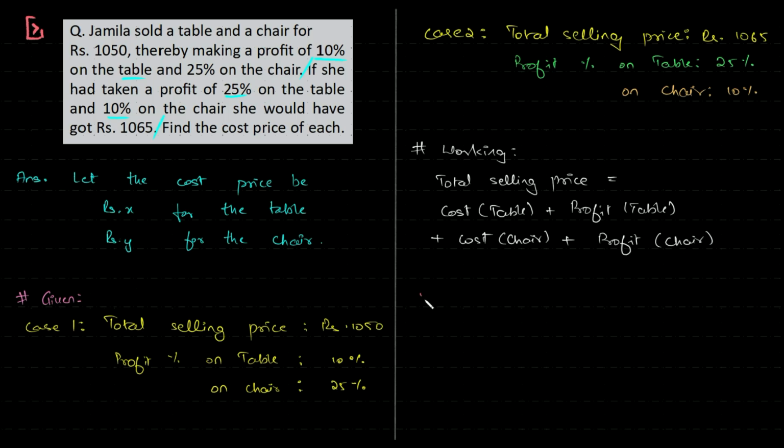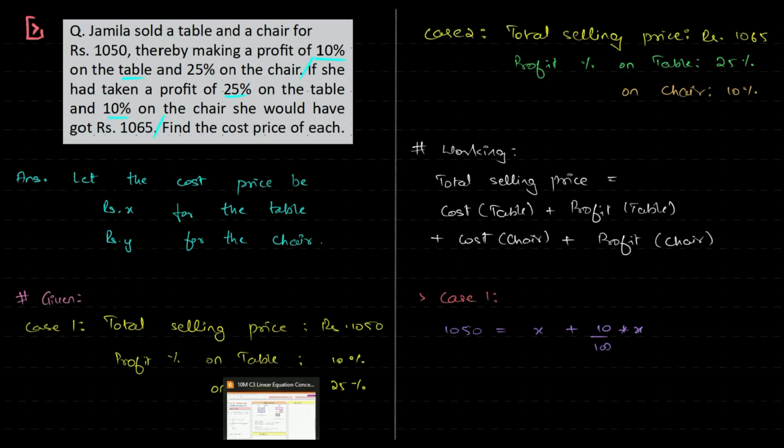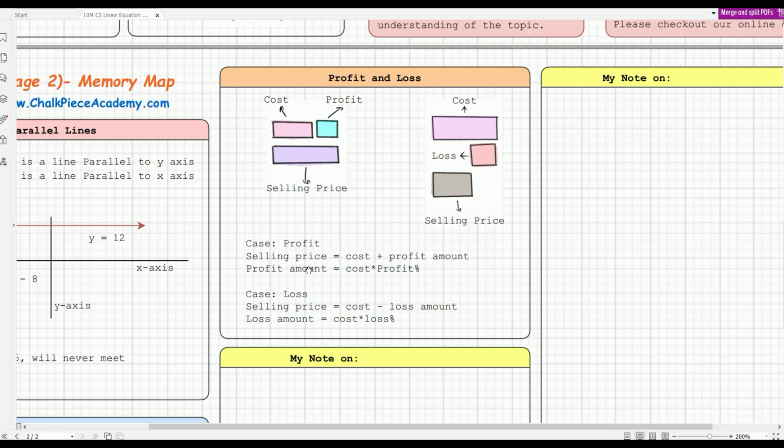Now applying it in case 1. We have 1050 is equal to the cost price of the table, X, plus the profit, which is 10% of X. What does profit amount mean? It means cost times profit percentage.